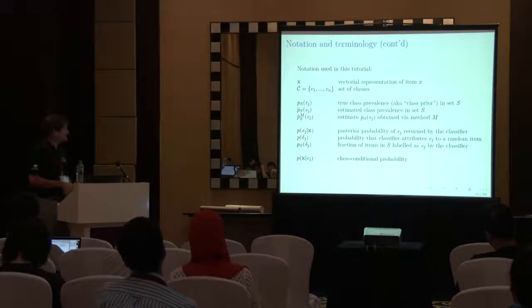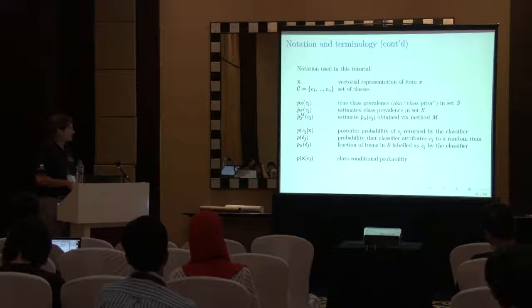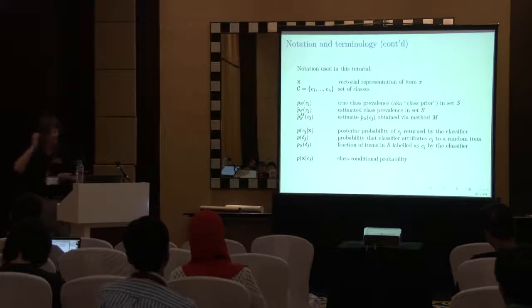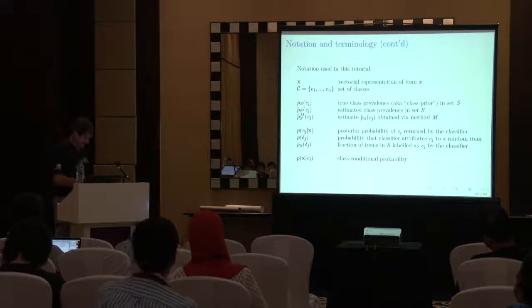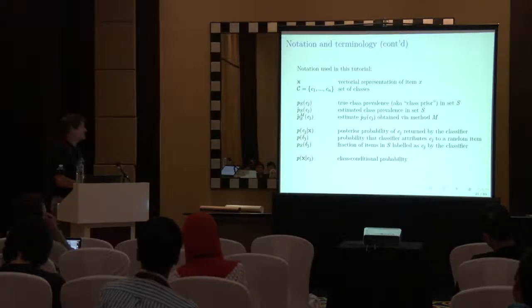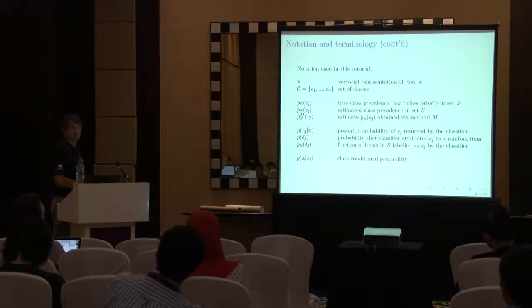And by these other notations, which is a fairly common notation, we will represent the posterior probability of c_j returned by the classifier. So that's the confidence score that the classifier returns in the fact that X belongs to class c_j, while P delta J we represent the probability that a positive decision for class J has been returned for the document.